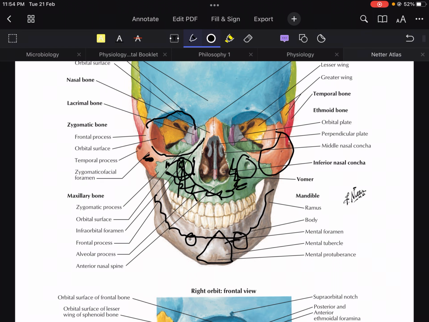So we can say the mental nerve is a continuation of the inferior alveolar nerve. The inferior alveolar nerve is for all lower teeth. And I'm going to explain all the nerves in detail. Don't worry.